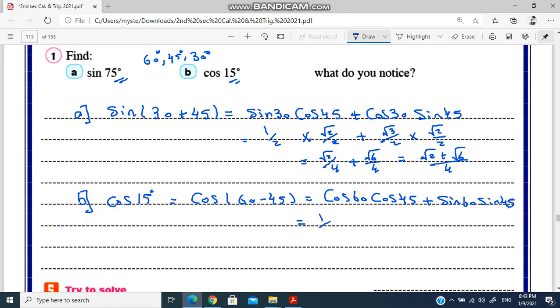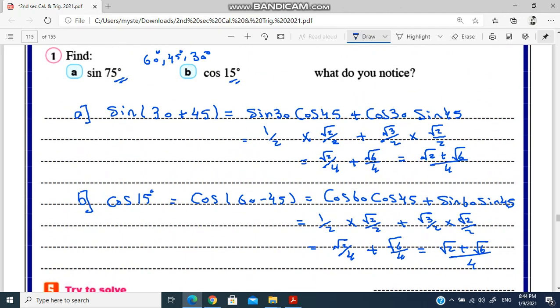So cosine 60 is 1 over 2 times cosine 45, root 2 over 2, plus sine 60, root 3 over 2, times sine 45, root 2 over 2. We have here root 2 over 4 plus root 6 over 4, which equals root 2 plus root 6 all over 4.